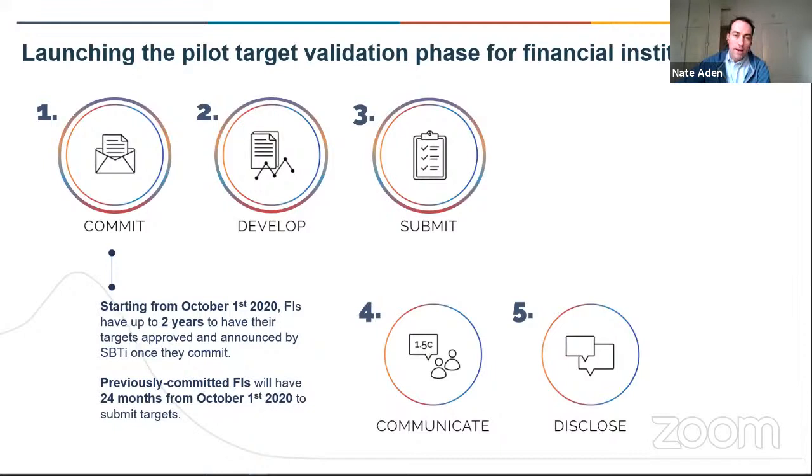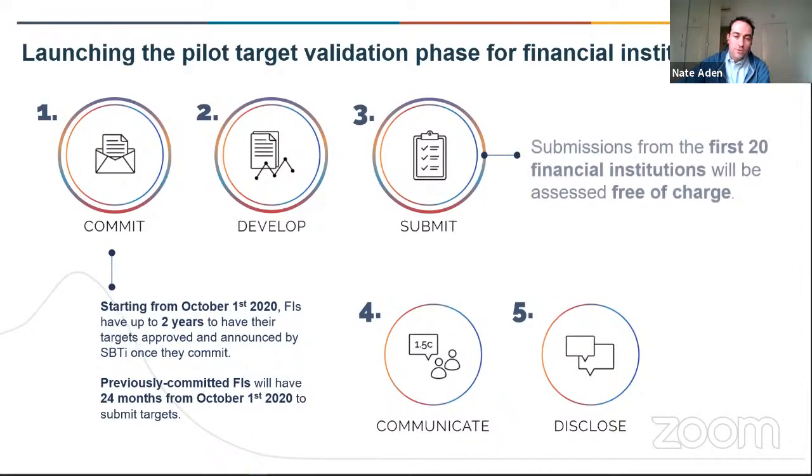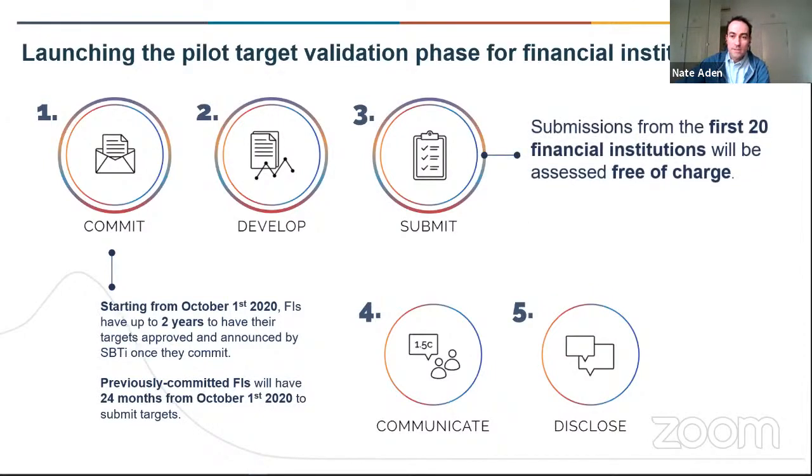And so we do have an incentive here for the first 20 financial institutions to be assessed free of charge. Normally, the Science-Based Targets Initiative has a roughly $5,000 cost recovery fee for this target review process. But the first 20 financial institutions, that fee will be waived.